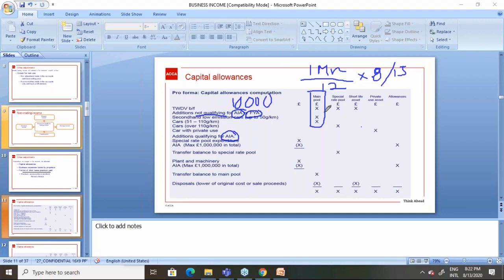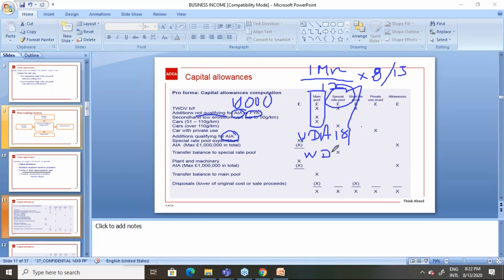If plant and machinery are included in the main pool, you can claim written down allowance of 18%. If it is included in the special rate pool, you can claim WDA at 6% only.